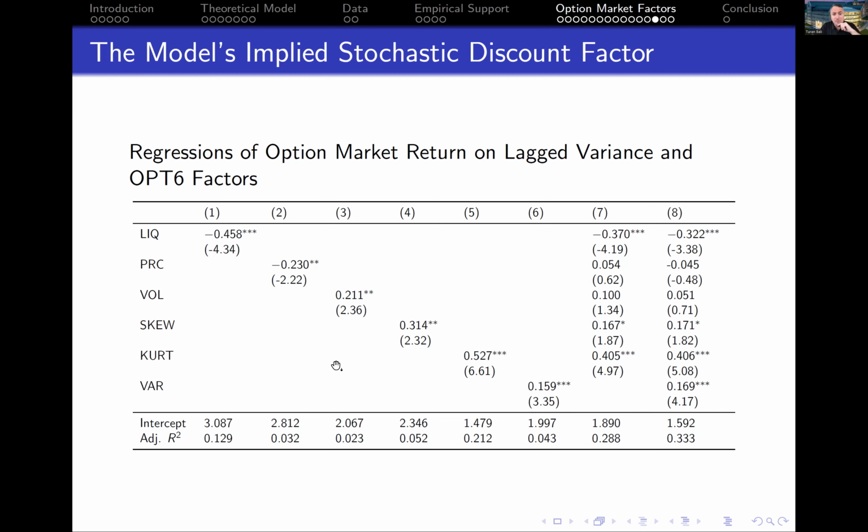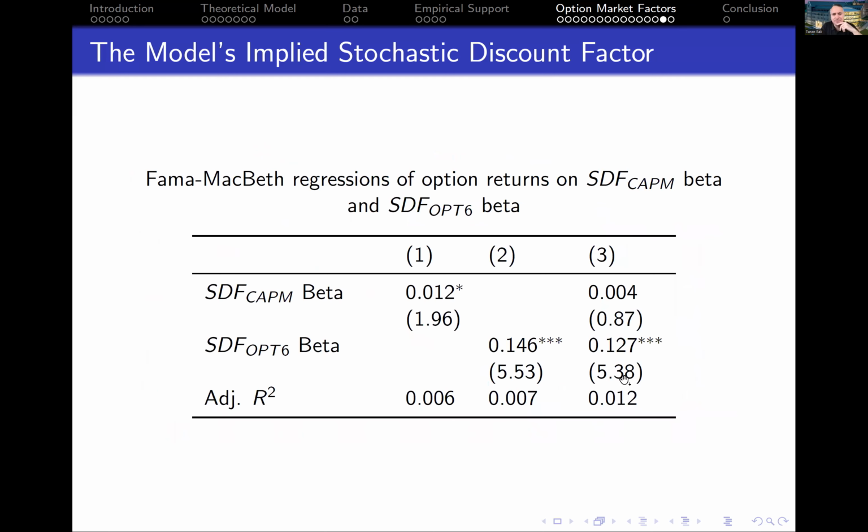But then we look at each one of our factors, regress the market factor on our factors, and create an approximate SDF, all right? And then we basically run second-stage Fama-MacBeth regressions and try to find option risk premia, both at the option level, Fama-MacBeth, and portfolio level, okay?